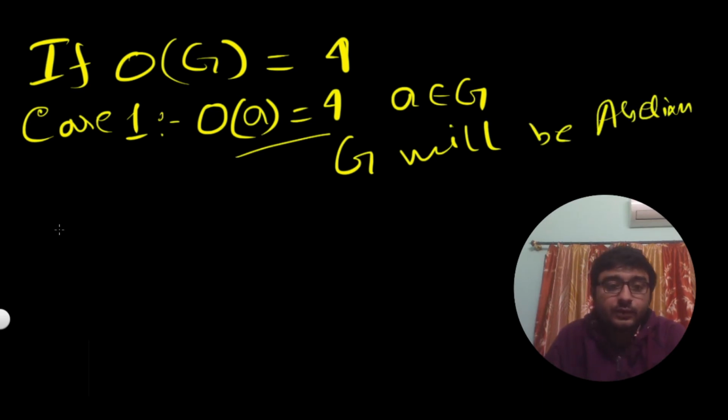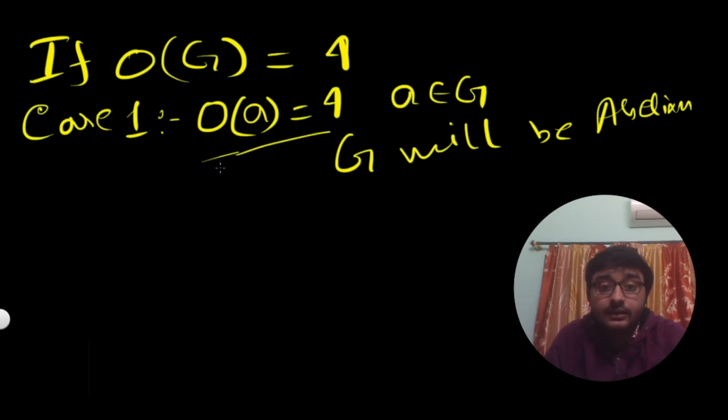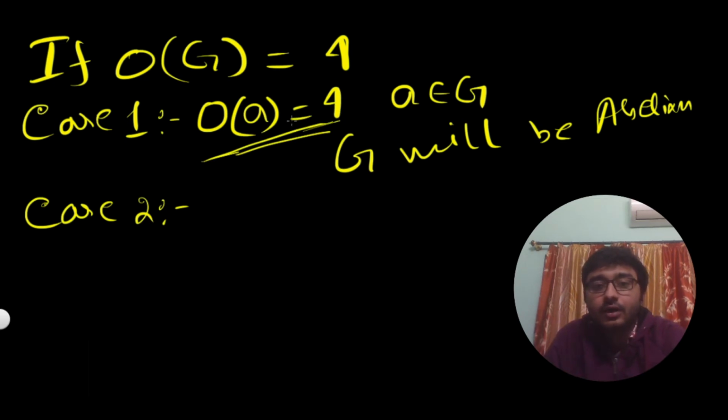But what will happen if we do not have any element of order 4? That we will consider in case 2. So here we do not have any element with order of A equal to 4. So what will be the order of an element of this group G?